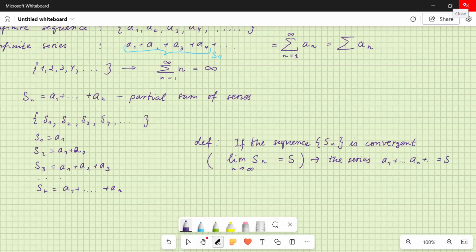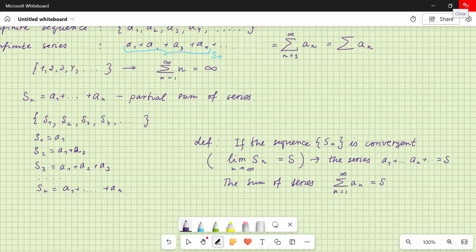Or we are going to say that the sum of the series equals this S. Well, why are we defining the sum of a series this way?